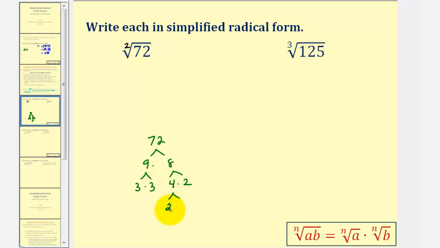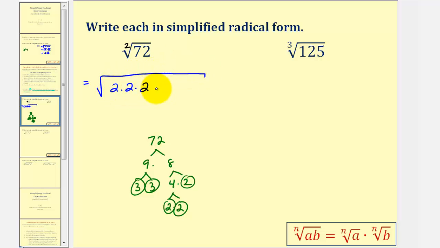And 4 is equal to 2 times 2. So the prime factorization of 72 will contain 3 factors of 2 and 2 factors of 3. So we're going to write this as the square root of 2 times 2 times 2 times 3 times 3.